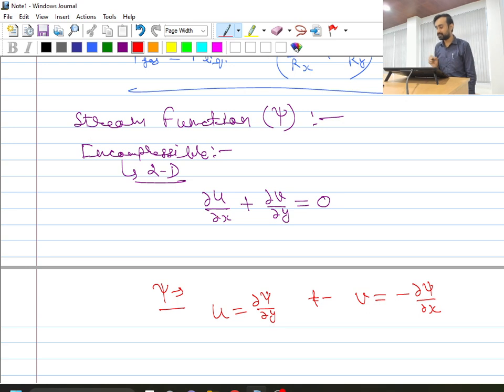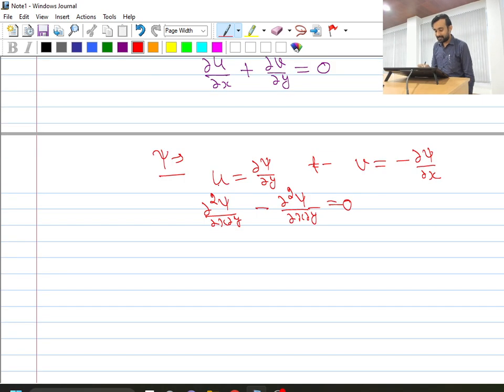Now if I substitute this formulation over here, what will I get? Del square psi by del x del y minus del square psi by del x del y equal to 0. Point is clear? So the meaning is, if I consider psi as some scalar function and u equal to del psi by del y and v equal to minus del psi by del x, then this formulation inherently satisfies the continuity equation.